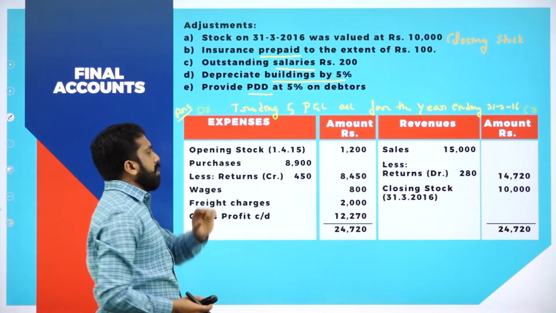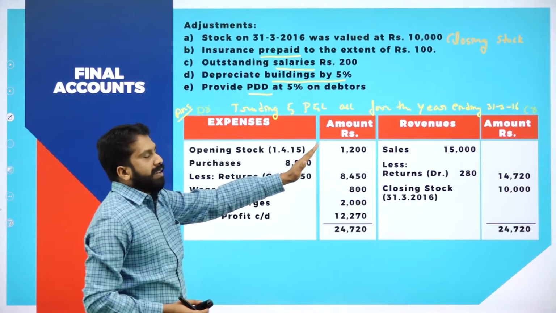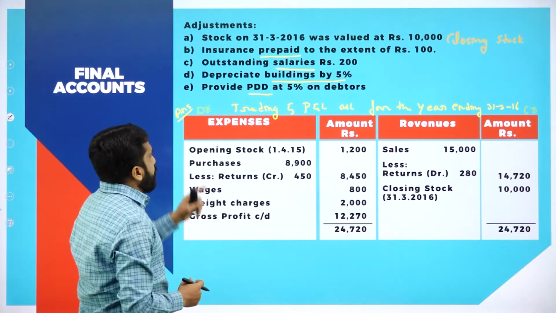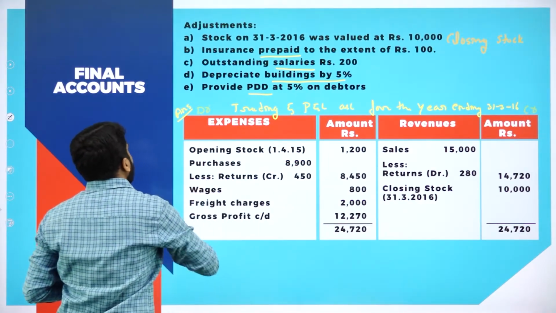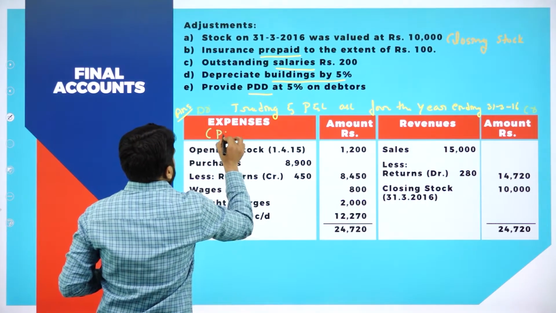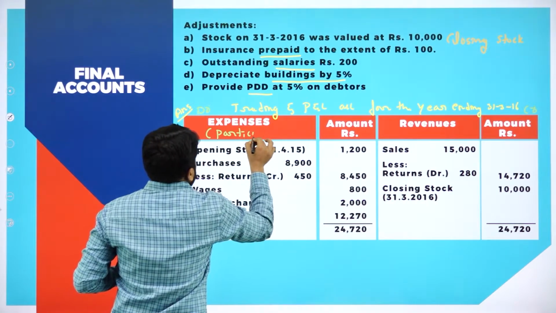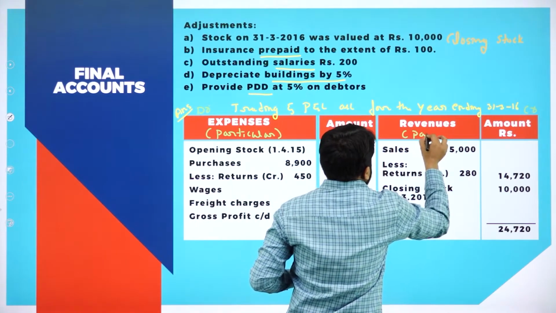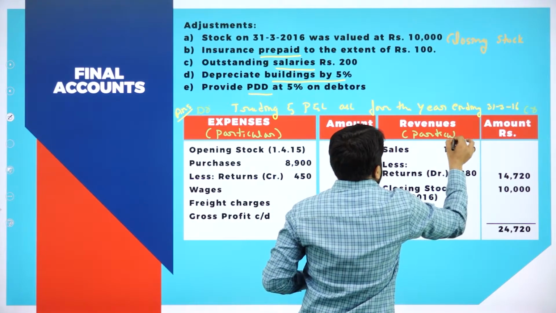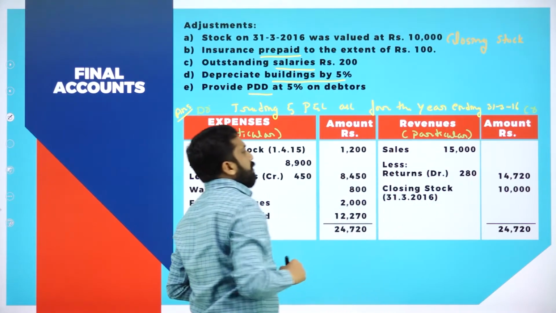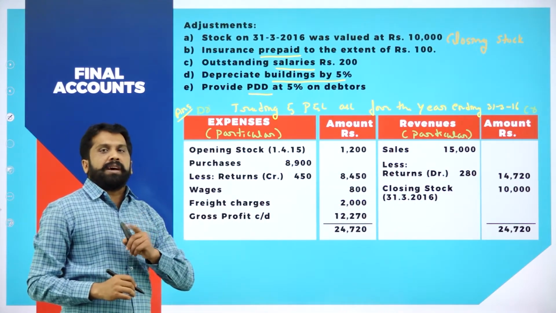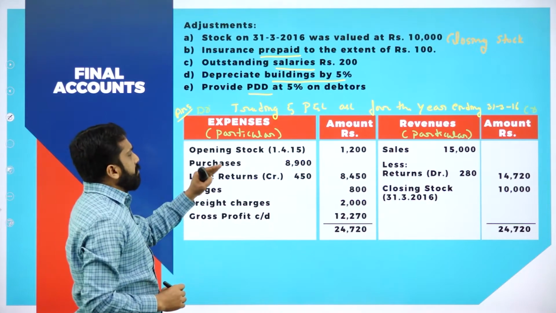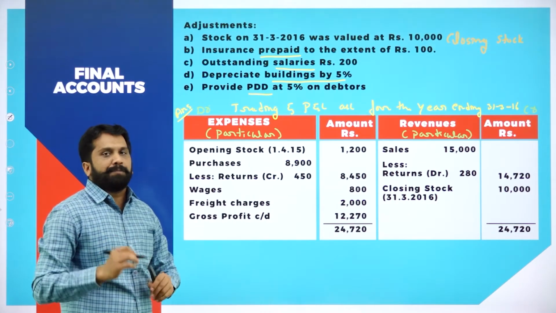Better go for particular amount. So instead of expenses, you can also write particular. Here also you can write particular. This is the first thing you have to do. Once it is done, we'll start with the problem.